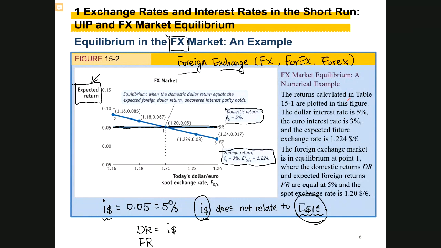Foreign return is equal to the deposit rate, the interest rate of the foreign country's bank, plus the change of the exchange rate, right?